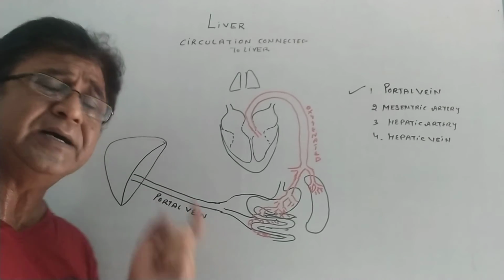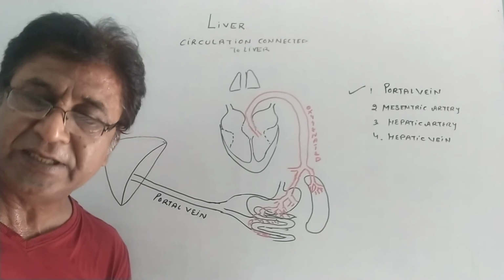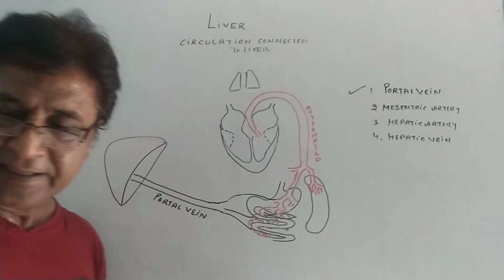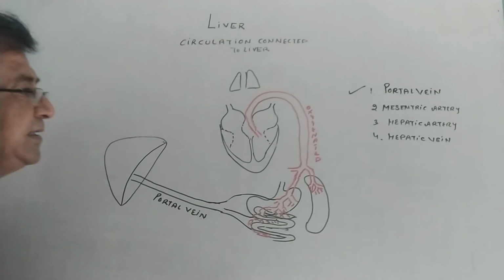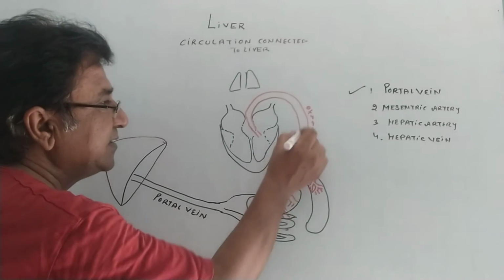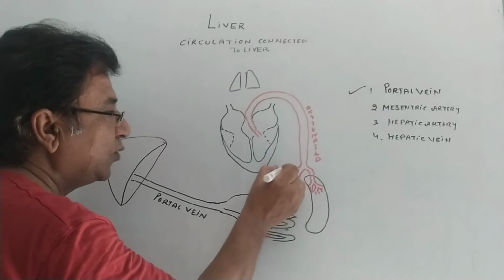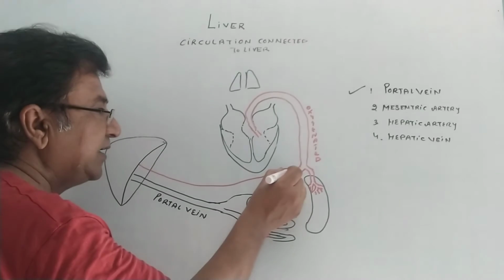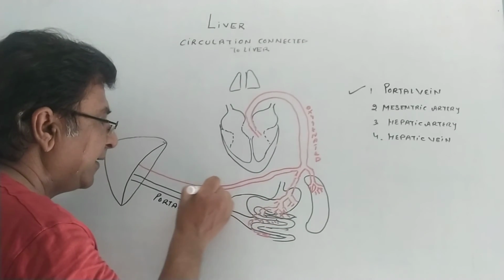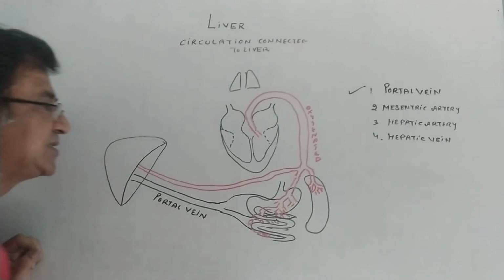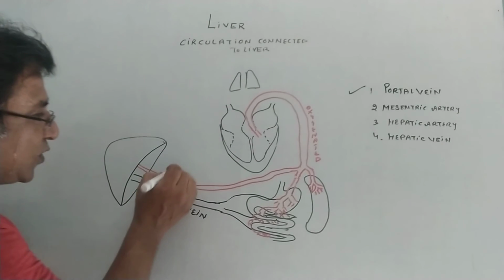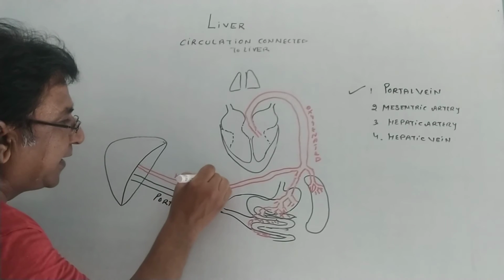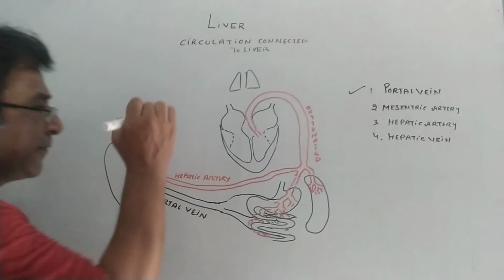Now how does the oxygen get supplied to the liver? The blood coming from the portal vein has less oxygen. The answer is another artery, splitting from the aorta, which also enters into the liver. This provides oxygenated blood, and this is called the hepatic artery.